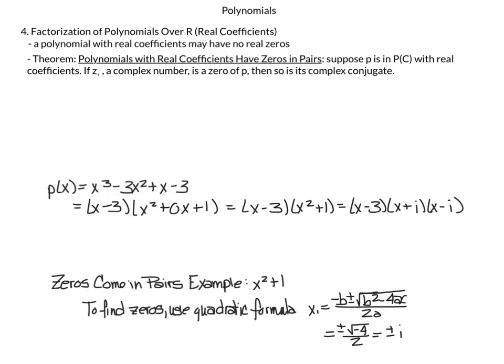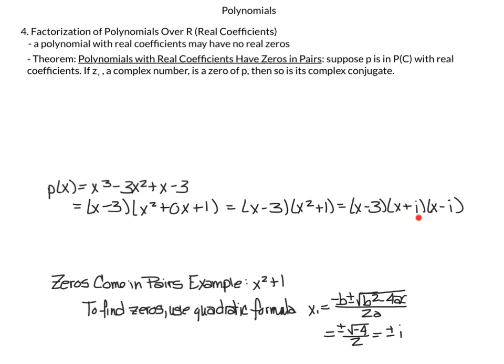And again, bringing up our previous example, P of x equals x cubed minus 3x squared plus x minus 3. It factors into x minus 3, x plus i, x minus i. Here, one root, i, is a complex number, so its complex conjugate, negative i, is also a root or a 0 of the polynomial. So this is an example of this theorem.